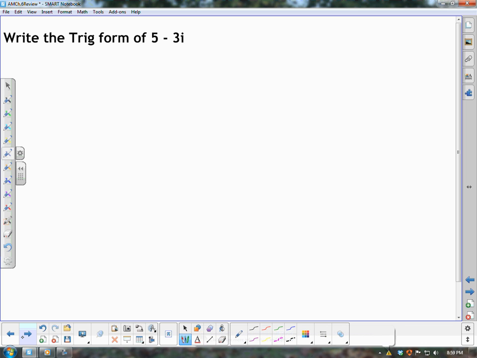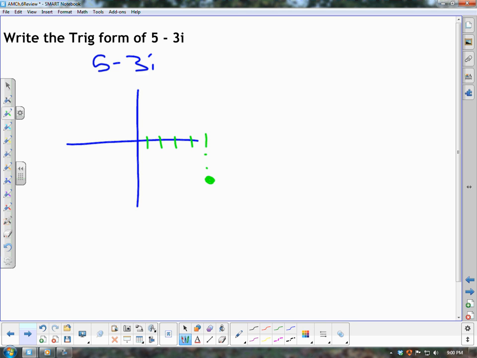So then write the trig form of this. And let's see, 5 minus 3i. If you were to graph it, there's 5 minus 3i, and the trig form would be the absolute value, which is 25 plus 9, so the square root of 34.